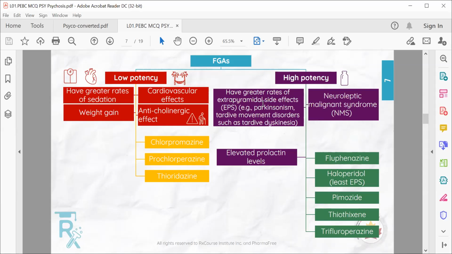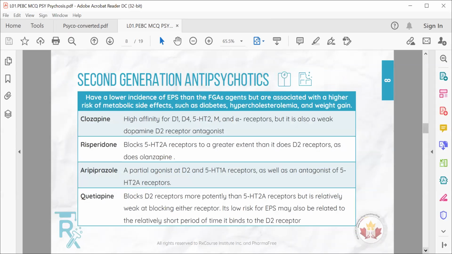The point we need to mention here is that the antipsychotics are associated with something called neuroleptic malignant syndrome. We will talk in detail about that because neuroleptic malignant syndrome can come in the MCQ or in the OSCE as well. These are the details we are looking for about each medication.